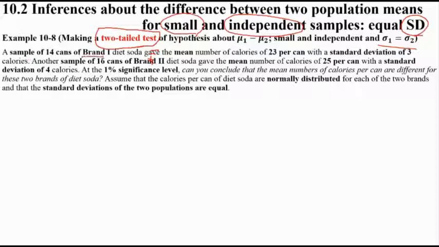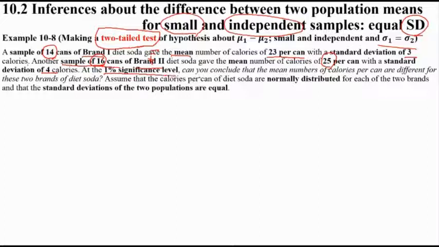Brand 1: 14 samples, with a mean of 23 calories per can and a standard deviation of 3 calories. Second, brand 2: 16 cans, with a mean of 25 calories and a standard deviation of 4. And a 1% significance level.